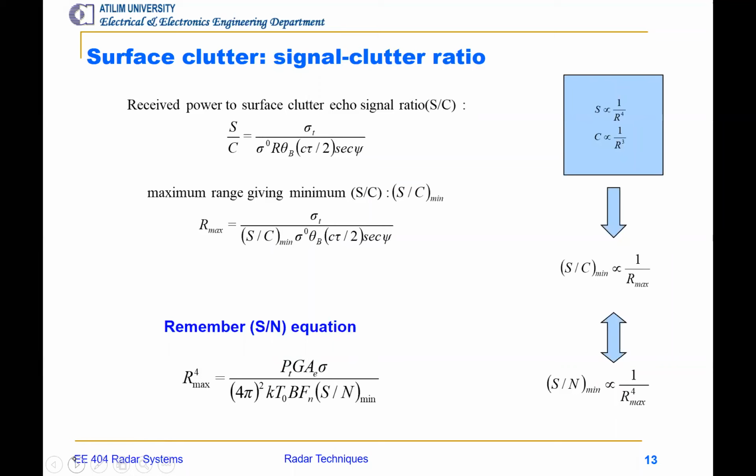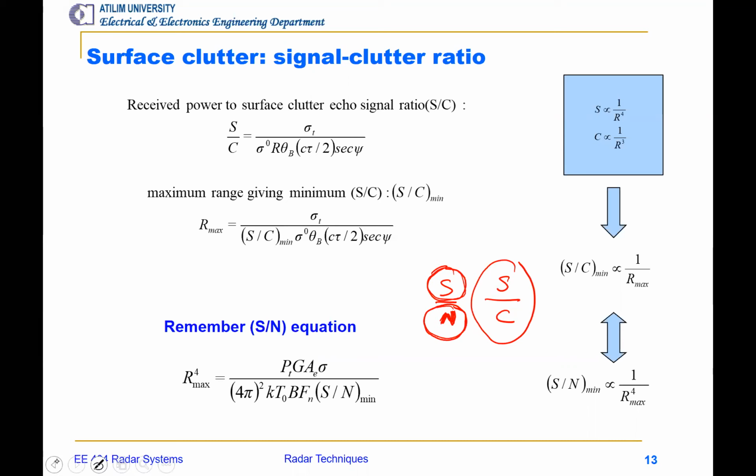Now, remember that in the beginning of this lesson, we talked about signal to noise ratio. This was undesired signal, generated by the receiver. This is the echo signal we expect. So this ratio was critical. Now, when we got a clutter, then we got clutter echo signal, C, and then we talk about signal to clutter power ratio.